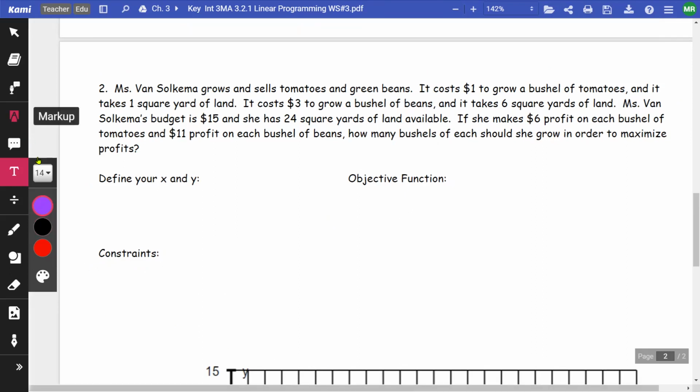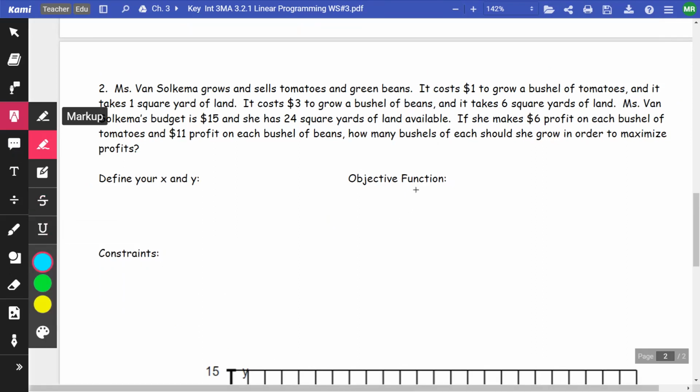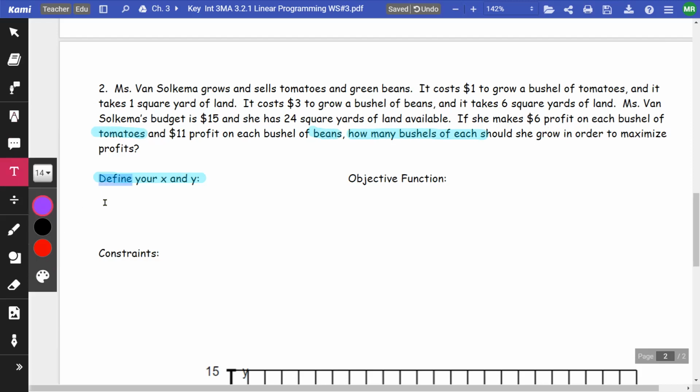So again, we want to look and see what we are going to define our x and y as. So we want to know how many bushels of each. So what are we talking about? Tomatoes and beans. So that's what my definition is going to be.